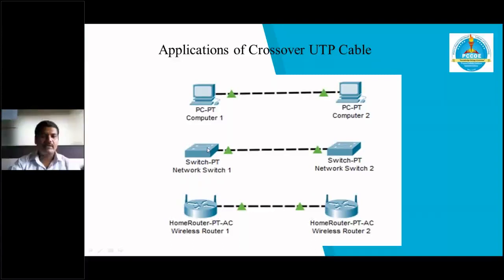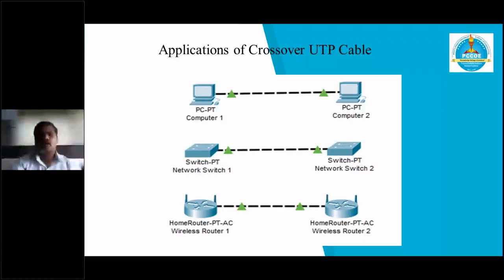In case one network switch is connected to another same network switch, we can have the same kind of thing. Here a router is connected to a router, so we always go for a crossover cable. Got it? Ultimately, if I want to connect different devices on a network, we can use a straight-through cable. And if I want to connect two same devices on a network, I need to use the crossover cable. Got it?